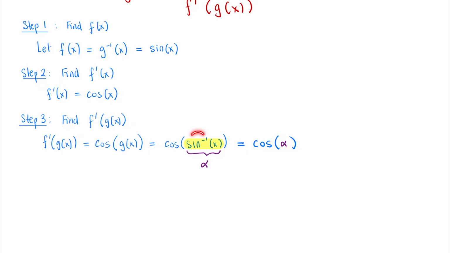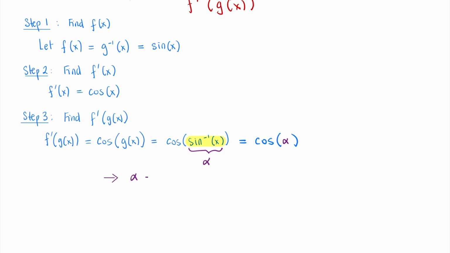Now, alpha equals sine inverse of x. That means x equals sine of alpha. Sine of alpha equals x, and x is the same thing as x over 1.